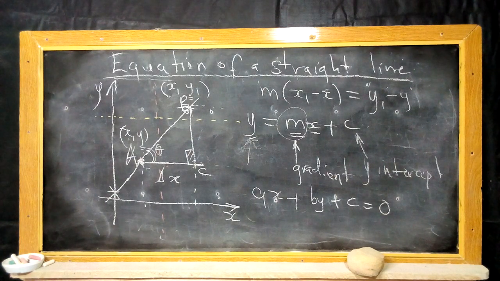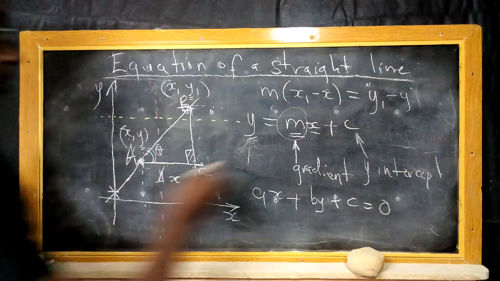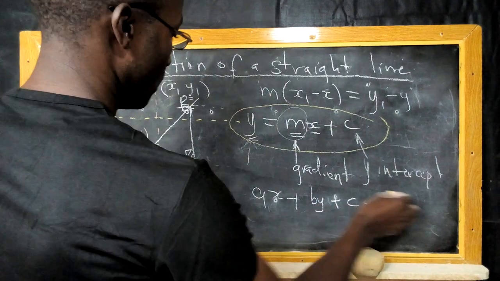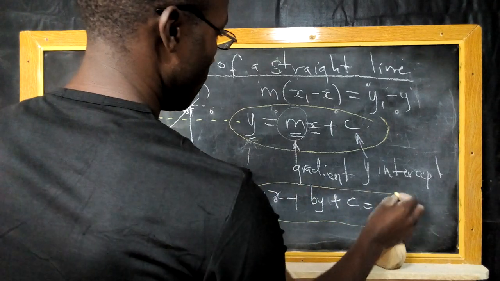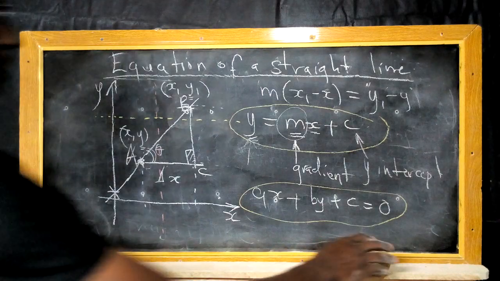So in general terms, we can say that the first one, which I've given here, gives the general expression of a straight line that can have a gradient. And secondly, this case also gives the expression of a straight line.